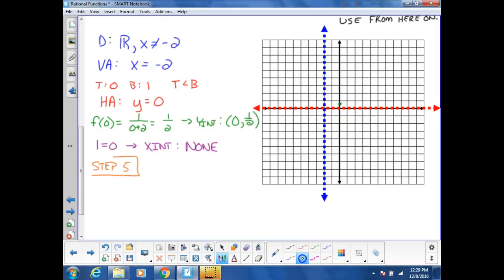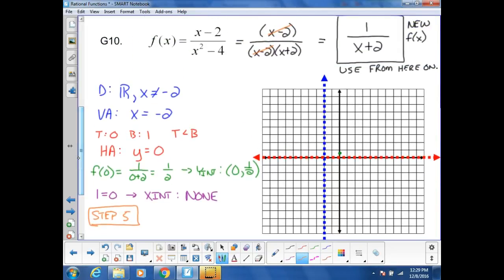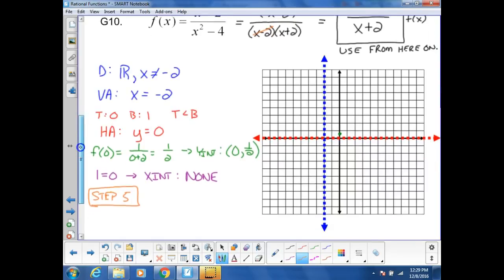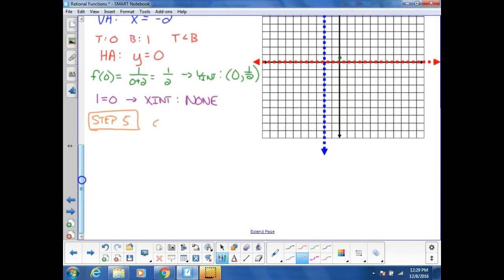So let's do step 5 here now. Step 5 says that I factored out x minus 2, so I set my common factor equal to 0. That gives me x minus 2 equals 0. Solve it, and that gives me x equals 2.